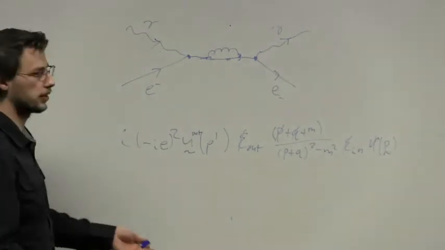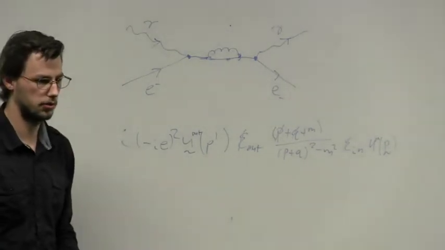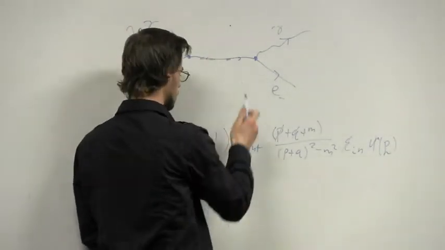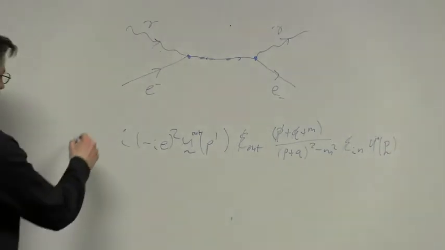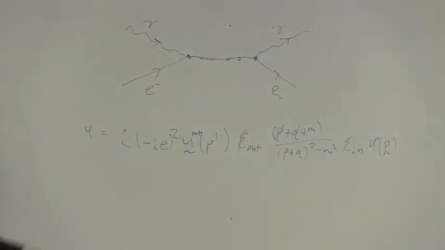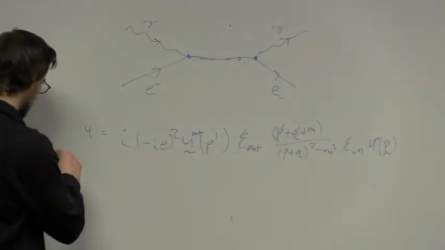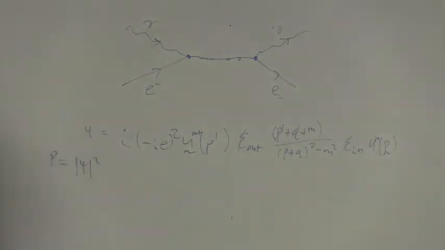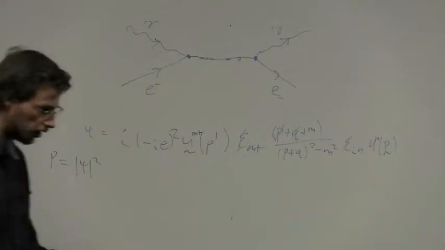That is a whole different diagram that creates its own probability amplitude. So this is essentially the probability amplitude, call it psi, that this happens, and then the probability that you actually measure would be the norm squared, so that you get a number in the end.